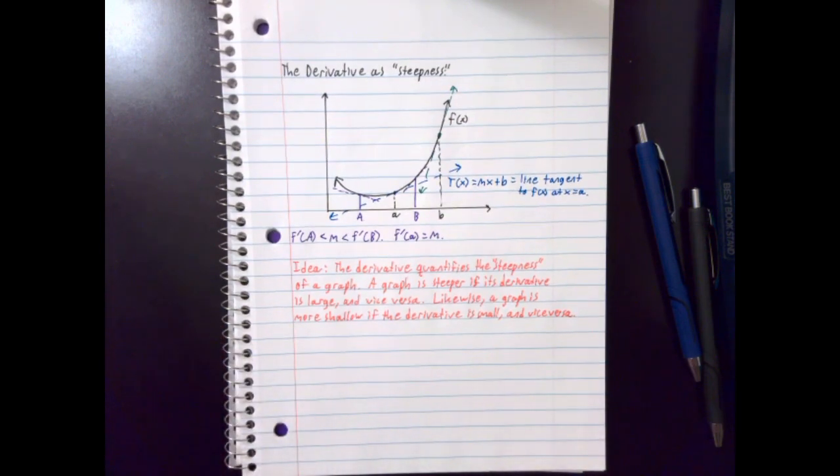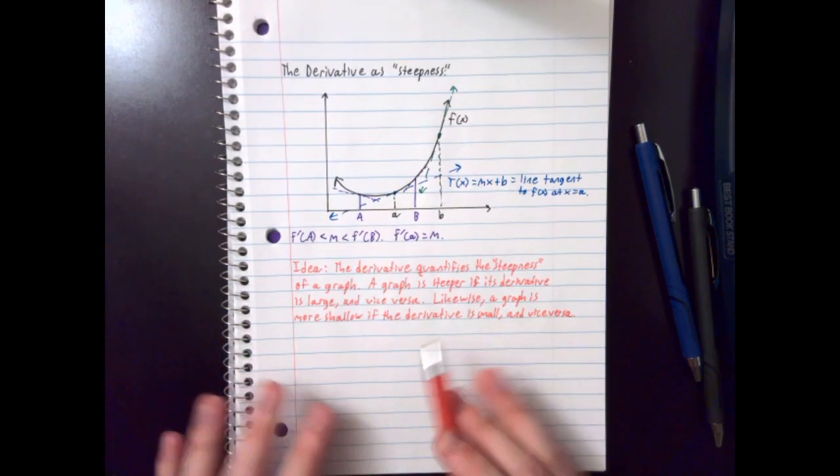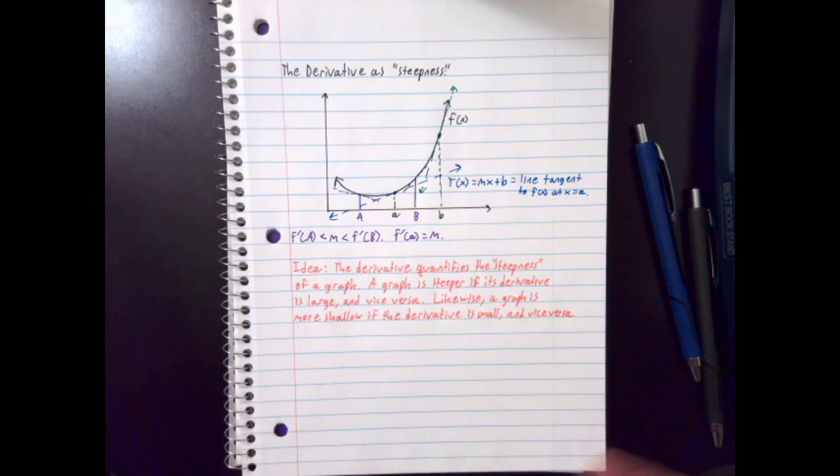So the derivative allows us to quantify the steepness or shallowness of a graph, however you'd like to say that.